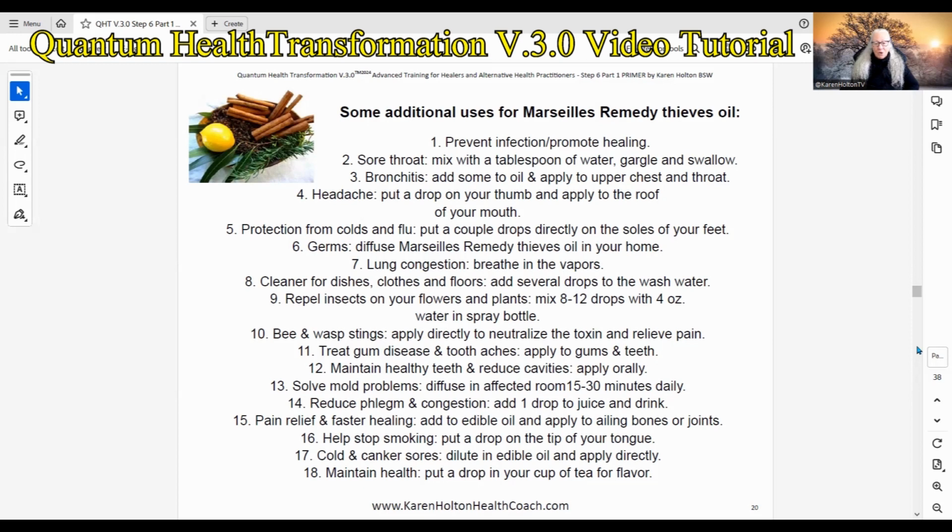Add to edible oil and apply to ailing bones or joints. 16, help stop smoking. Put a drop on the tip of your tongue. 17, cold and canker sores. Dilute in edible oil and apply directly. 18, maintain health. Put a drop in your cup of tea for flavor.